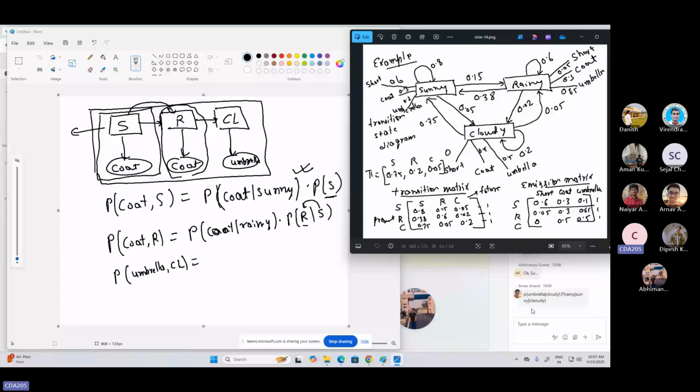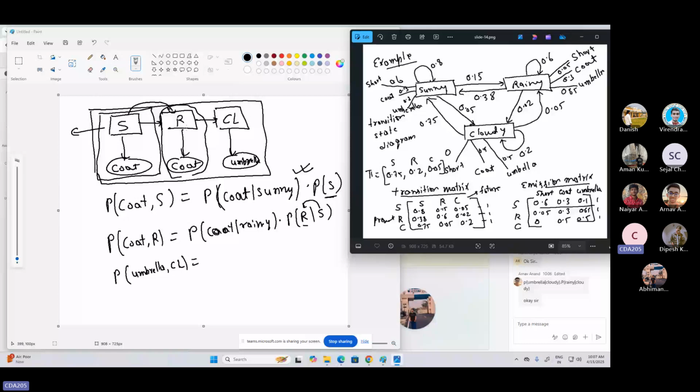Arnav, how did sunny come? I already told you, go through the Markov properties. Markov properties tell that the future state depends only on the present state, not the past state. So for cloudy, why would sunny come? Cloudy has nothing to do with sunny. It has only to do with rainy.